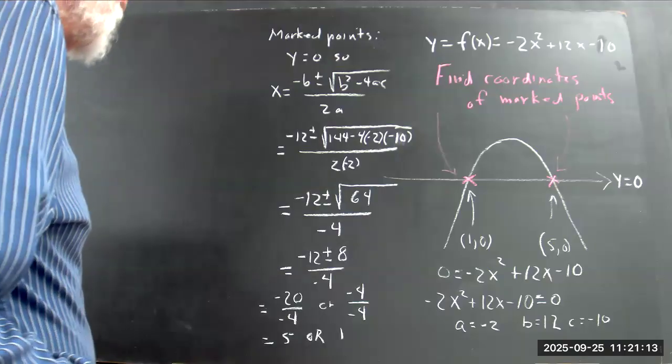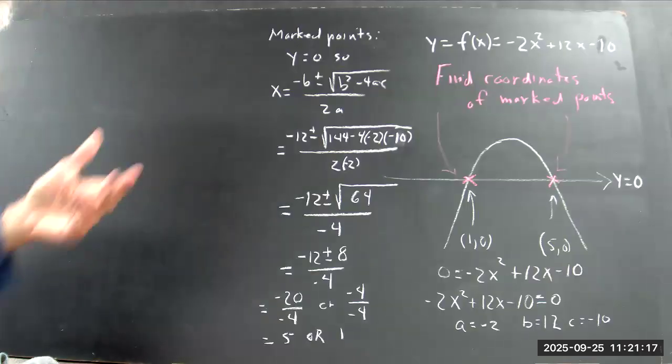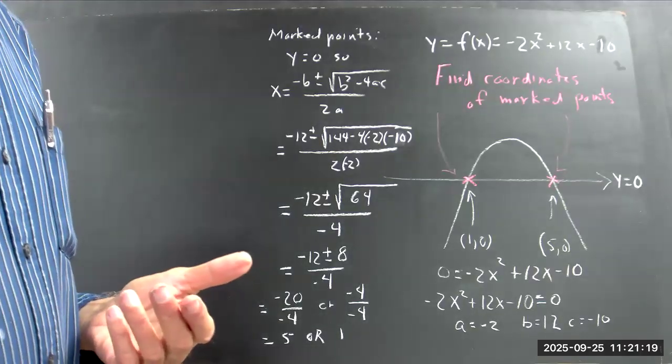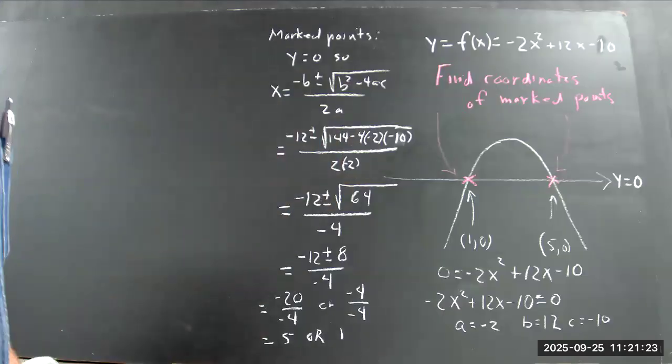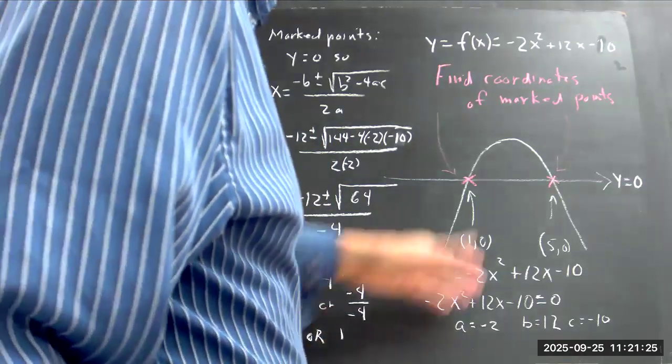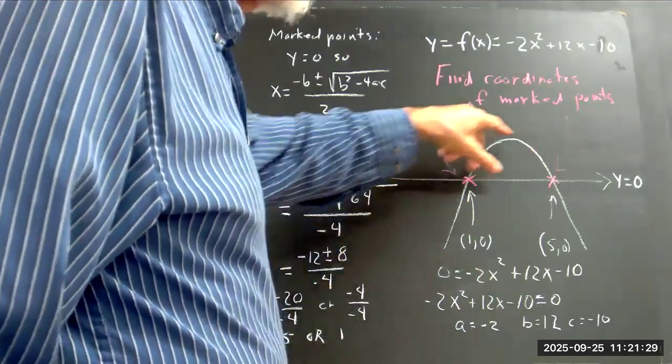Now, the harder thing to do, or maybe the more complicated thing to do, is find the axis of symmetry. And there are two ways to find the axis of symmetry. One way is this: it's a parabola. It's symmetric about an axis.